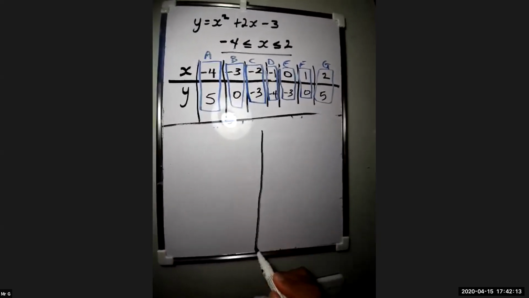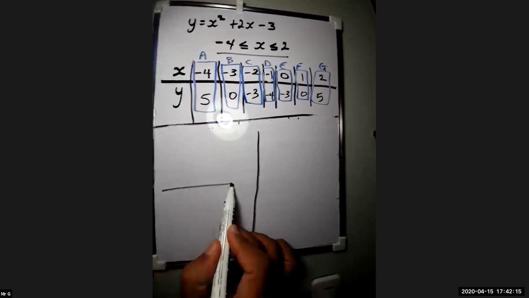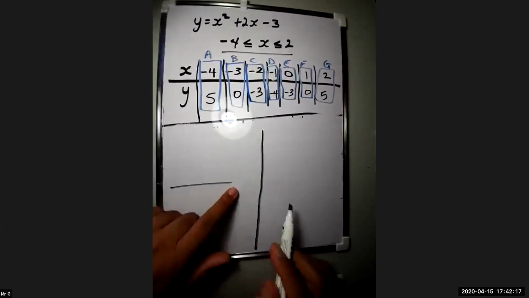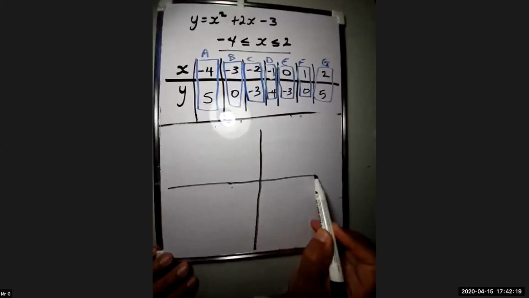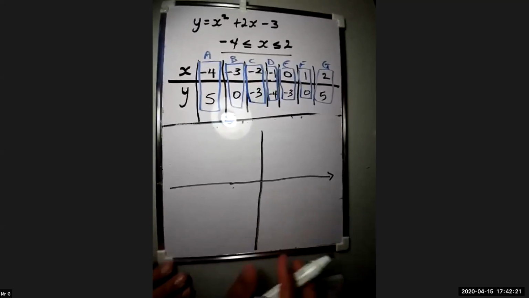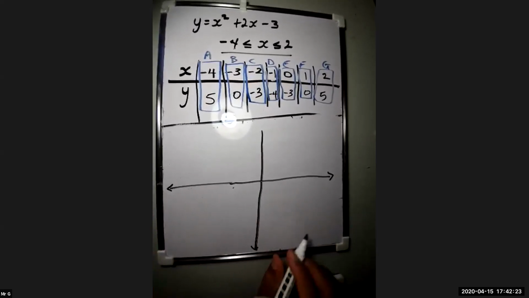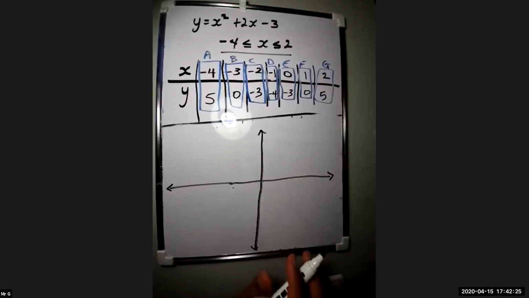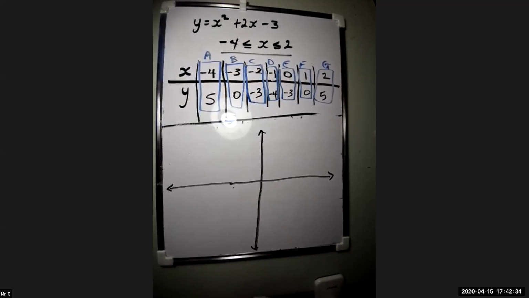You do a small sketch of the graph. Of course, you would use a ruler and a pencil. You do not draw a graph in pen. You use a nice thin pencil. Make sure your pencil is thin. The reason being is when you have fine lines in the graph and you have to actually read off a point, if you use a fat point, then your graph is going to be slightly off, right?